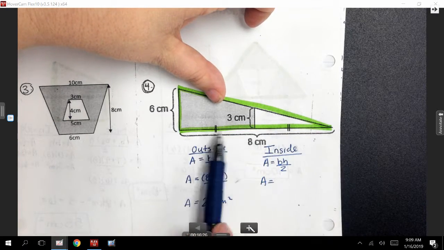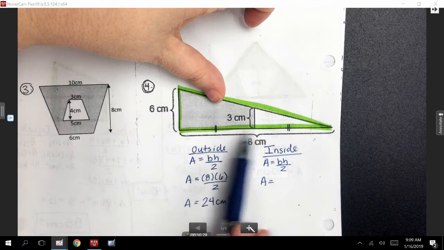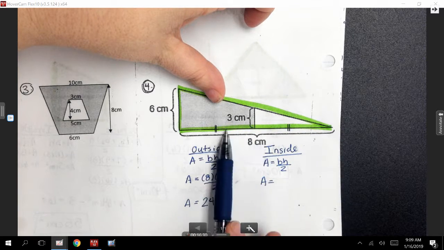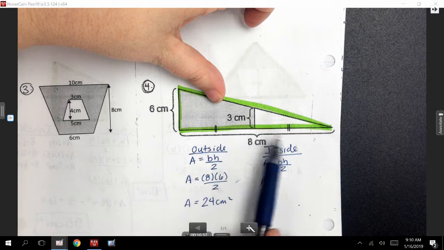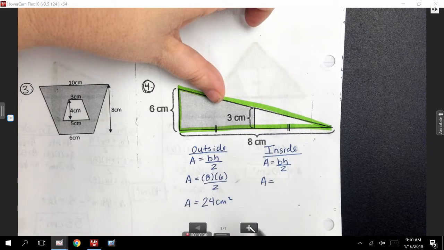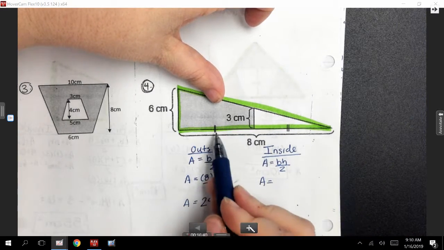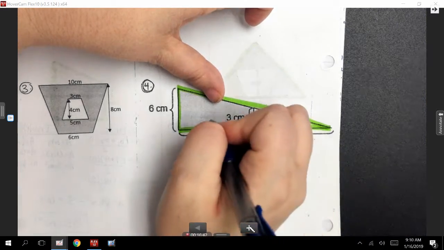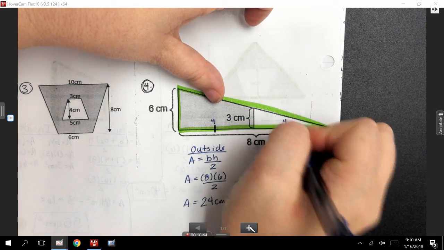So y'all see those two little marks right here? What do those marks mean? That they're the same. They look like little equal signs, don't they? Because they are equal signs, basically, all right? So that means that my 8 can be split equally into 4 and 4.